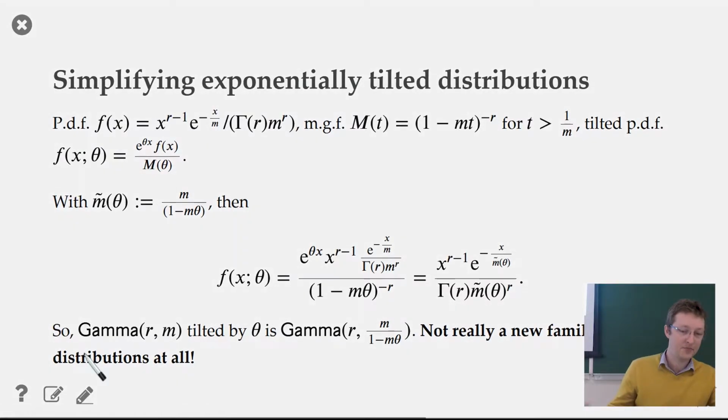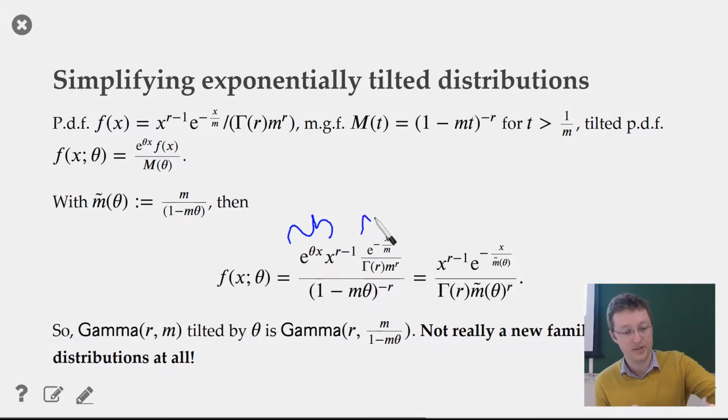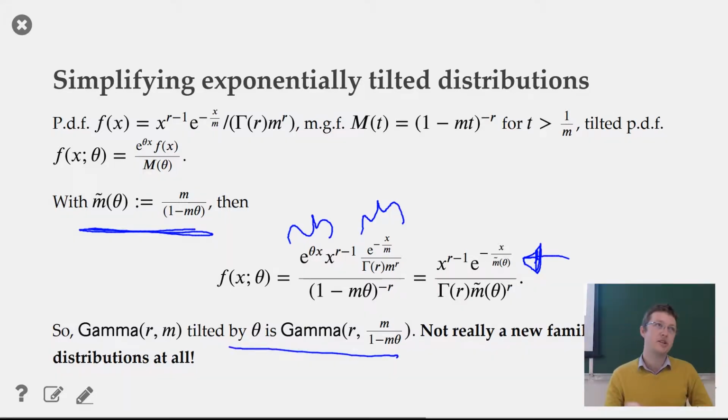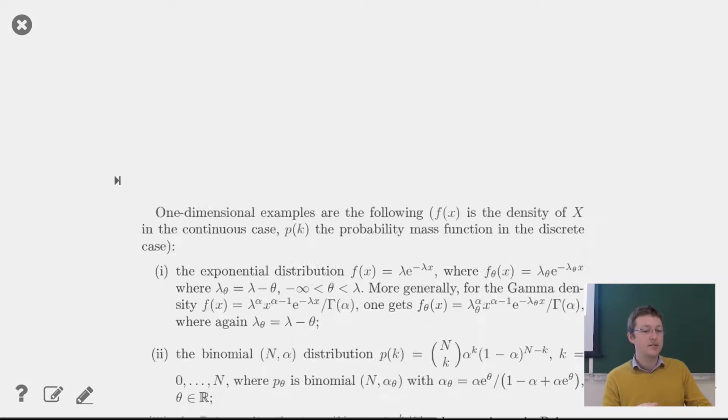And this mess, because there's e to the something here, e to the something here, you can do a bit of algebra and bring them together and get e to the something else in terms of this m tilde, where m tilde is just m over 1 minus m theta. And you can conclude from that, when you exponentially tilt a gamma distribution, you just get another gamma distribution. So sometimes tilting is just really boring, and actually it's quite common.